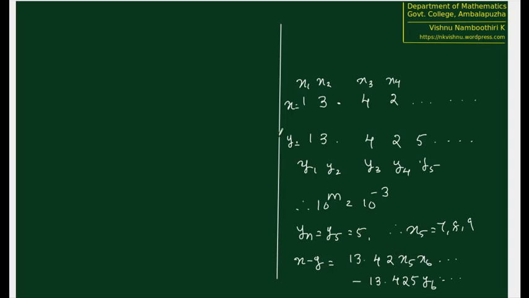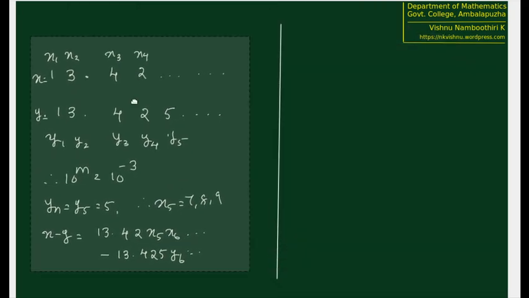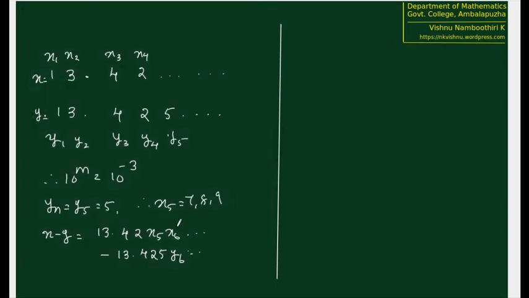Okay, so we can write in this case, we will just move everything to the left side. Now the least possible value occurs when x5 is the least possible. So this is going to be greater than or equal to 13.42. What is the least possible value?